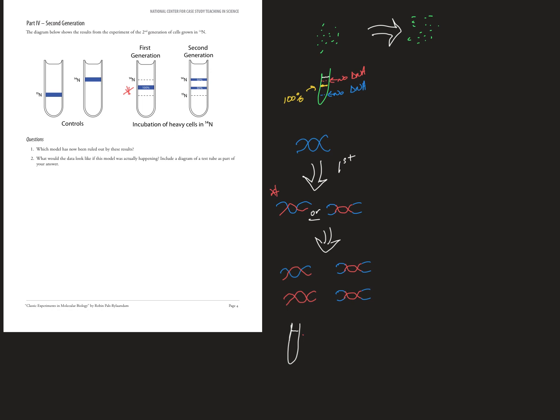So we'd expect that 50%, half of this, is going to be the light nitrogen, and we'd expect that 50% would be in the middle.